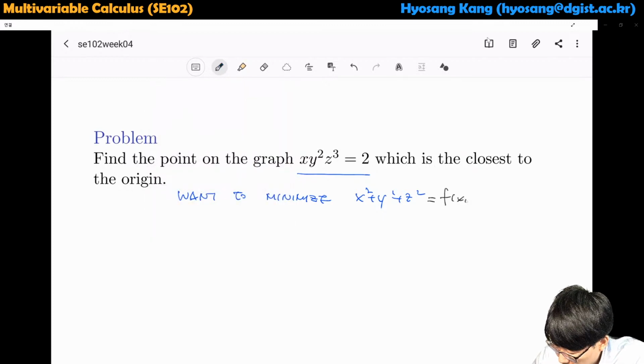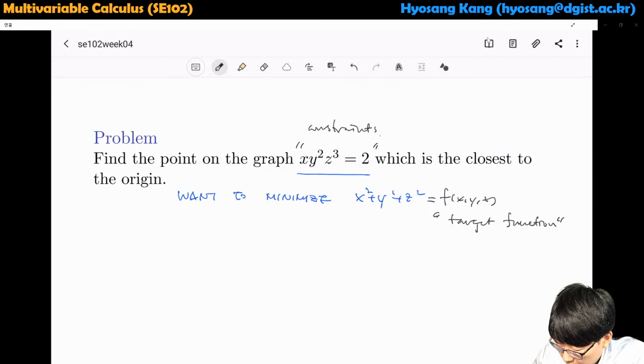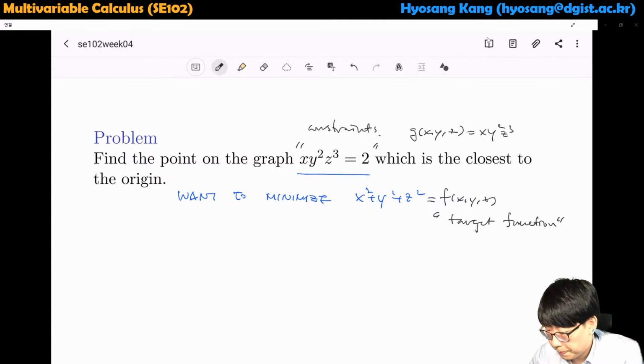Say this is f(x, y, z). That's the target function. What are the constraints? This is the constraint. And what is our g? This is our g, whose constraint is given by an implicit equation.